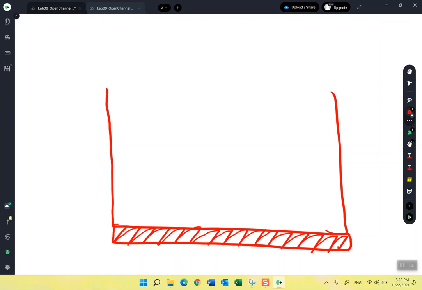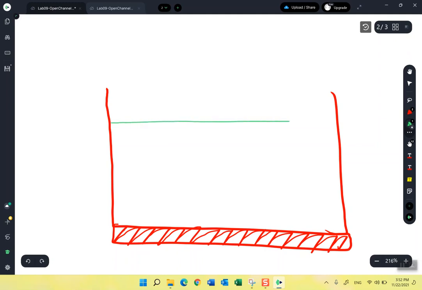Okay, great. So just imagine that for the first experiment, the water surface was at this location. Right, so this is for the first experiment, the first trial, at S equal 1%.